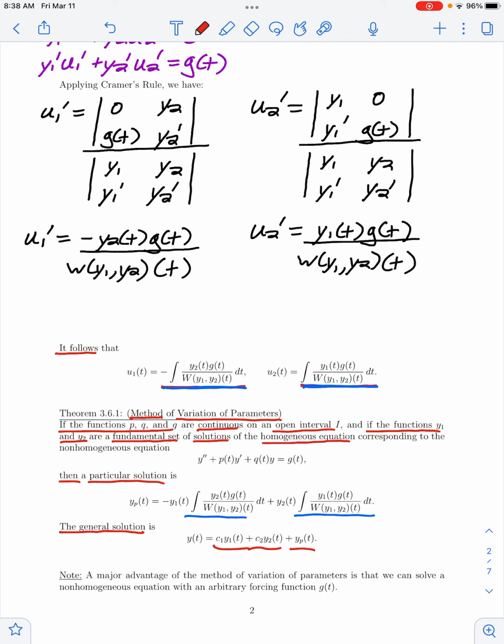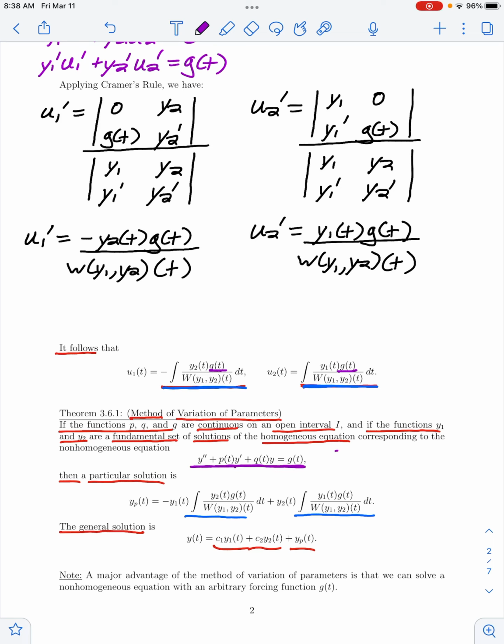And the formulas for u1 and u2 that we derived involve the function g of t, and this g of t function was the function on the right-hand side of our equation after it has been written in standard form.